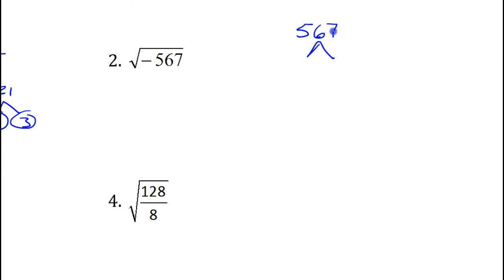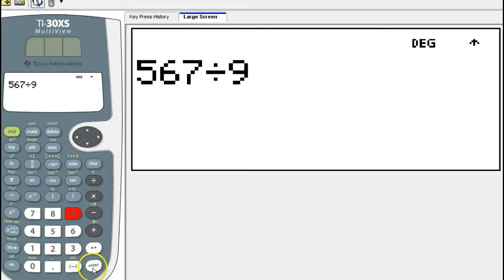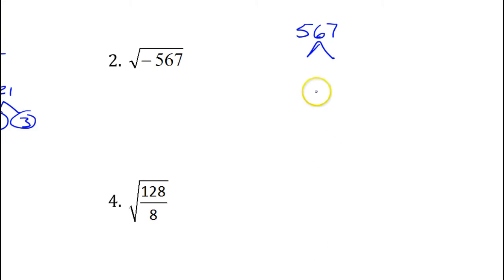Okay, if you add up the digits and it's divisible by 9, then the original number is divisible by 9. Okay, so that tells me, let's see, 567 divided by 9, 4-function calculator. That is 63. Okay, so this is going to be 9 times 63.